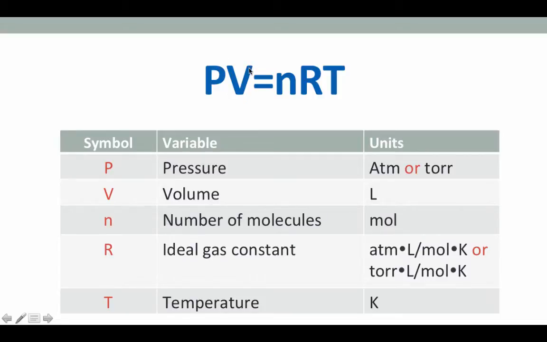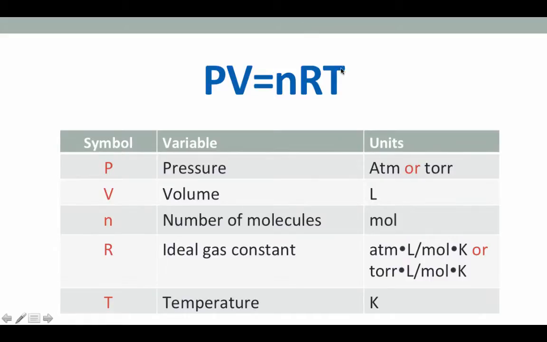We cannot have a negative volume, and we cannot have a negative pressure. So in order for the entire expression to be valid, we need to use an absolute temperature scale. And the only absolute temperature scale that we have is Kelvin. At 0 degrees Kelvin, no pressure is exerted by a gas. This is because the molecules cease to move.